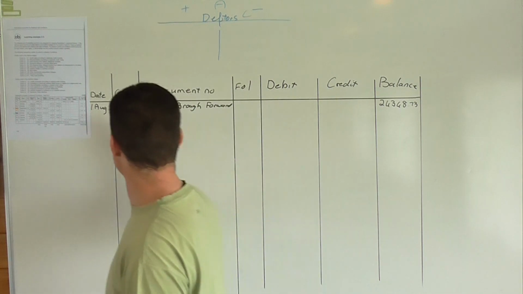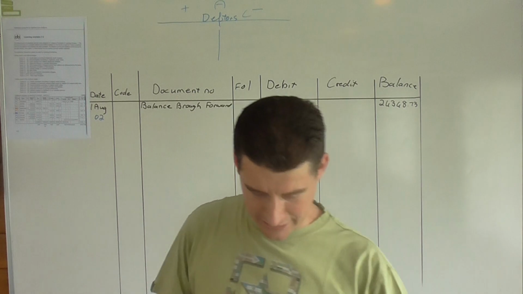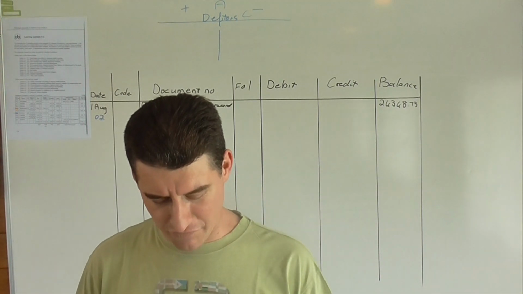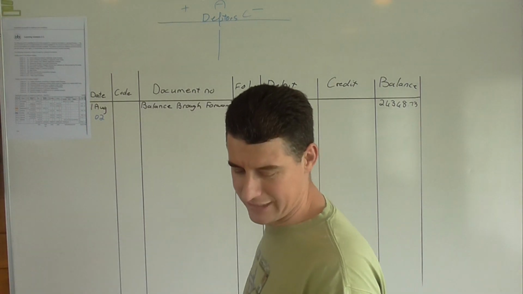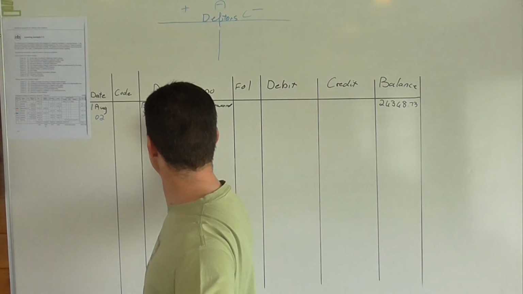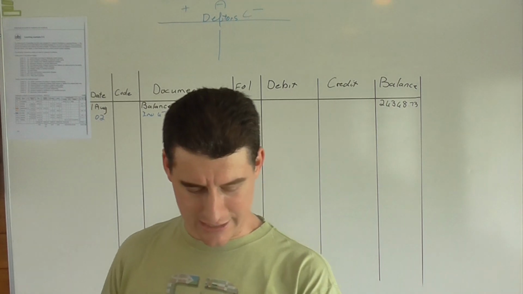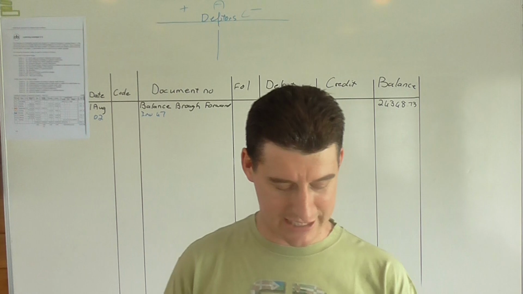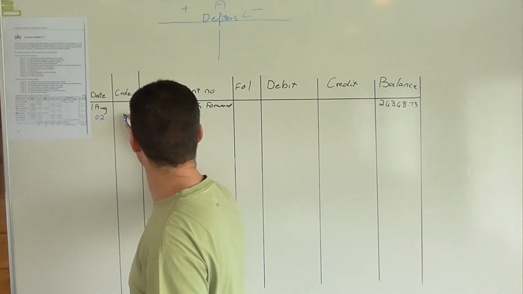So on the 2nd, it says you sold goods to Joseph Solomon for 4,000 Rand plus VAT, and you issued invoice 47. So I'm just going to put in invoice 47. Now the code will be, it's an ordinary credit sale that has taken place, so that'll be code number 1.